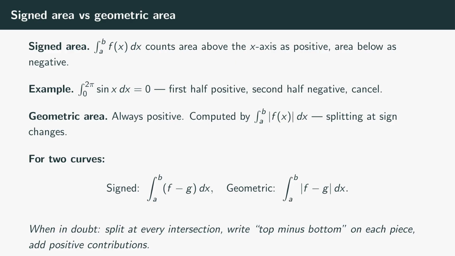The geometric area is the integral from a to b of the absolute value of f minus g dx. In practice, split at every intersection, write top minus bottom on each subinterval, making sure that expression is positive, and sum. That's the safe procedure. If the curves only cross at the endpoints of your interval, with no internal crossings, you can skip the splitting; otherwise, do the splitting.